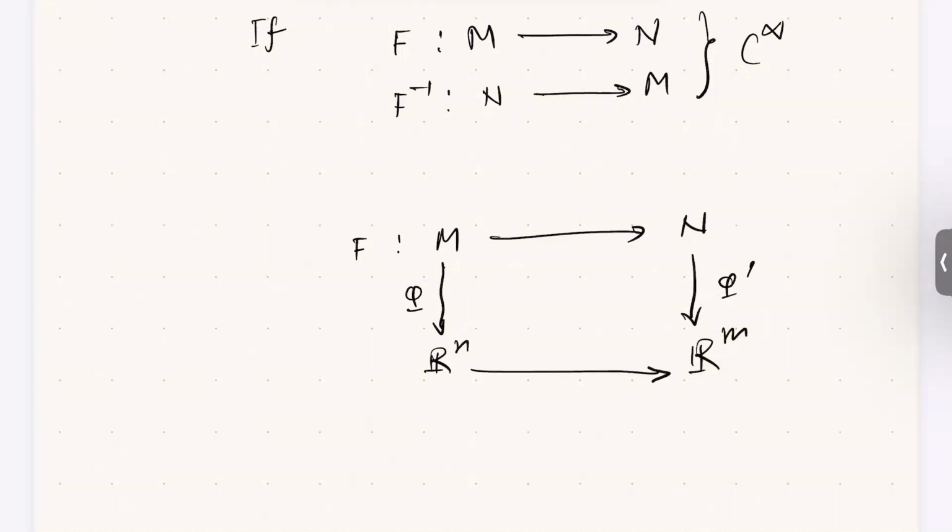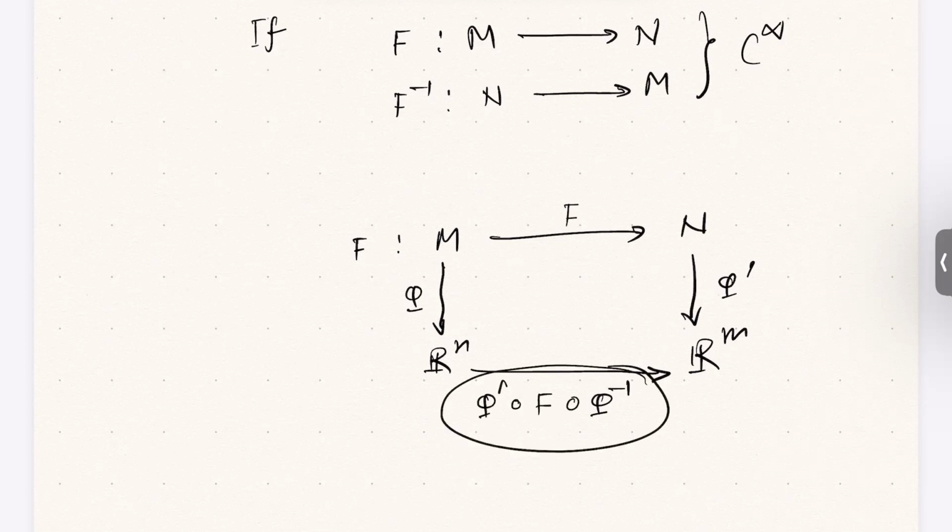Now I can consider this map, and it is phi prime inverse of f of phi. If this is C infinity, then I say the map f is also C infinity.